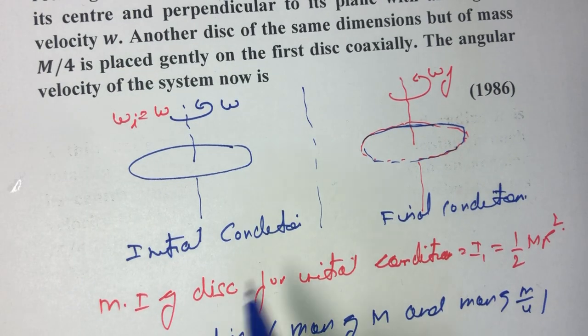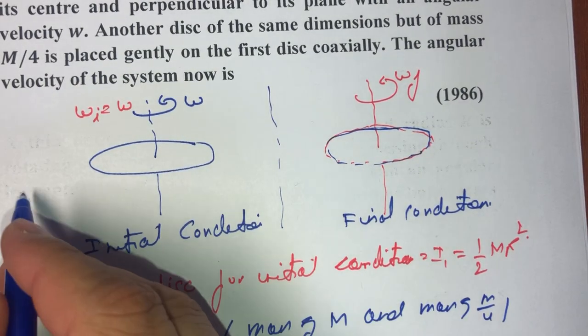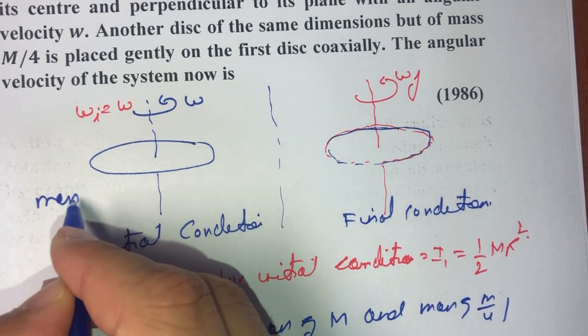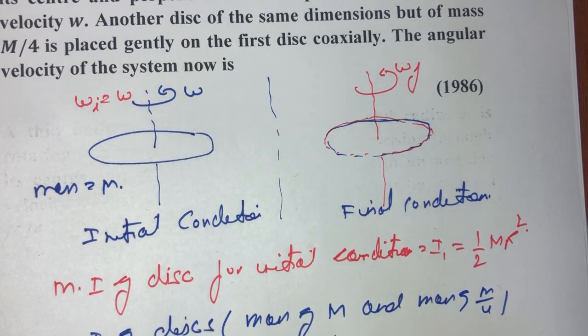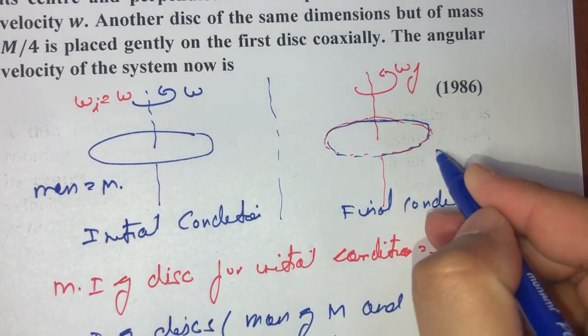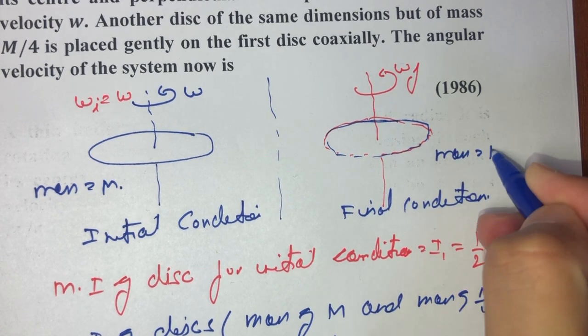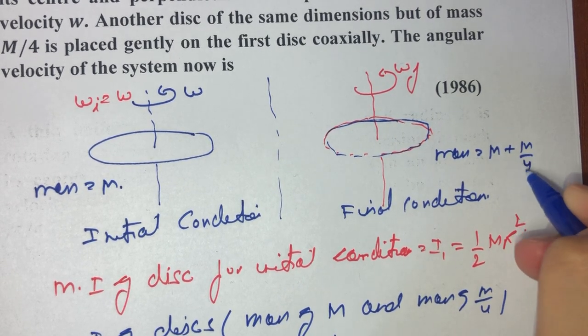Let me write it here. For the initial condition, mass equal to capital M, and for the final condition, mass will be M plus M by 4.